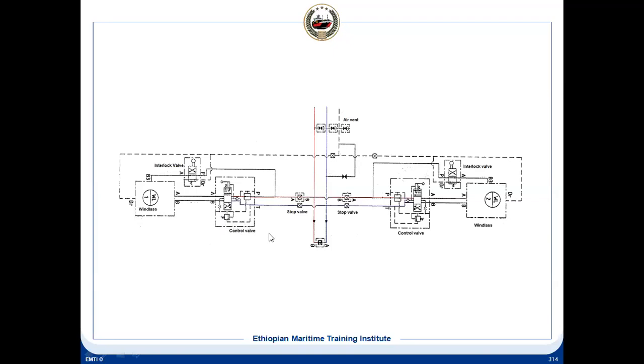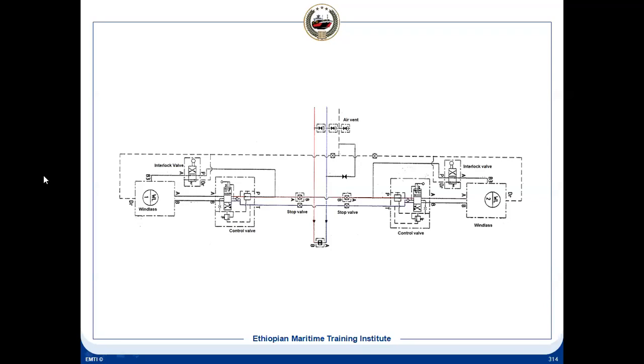We know the counterbalance valve, because with a windlass, when you are paying off the anchor, it can happen for some reason that you stop it after anchoring, and after that it can pay off the cable, which should not happen.